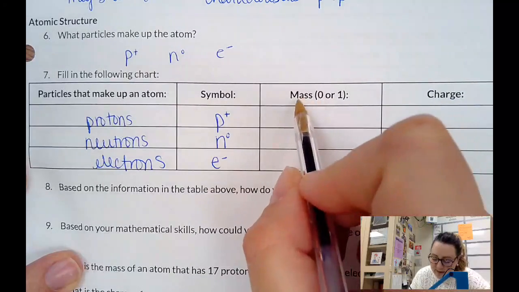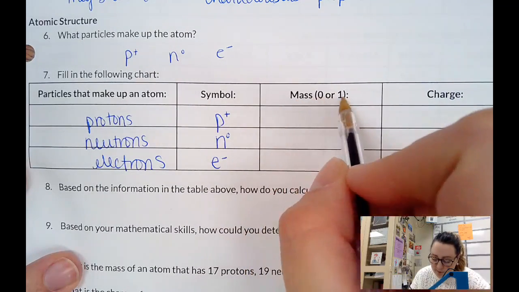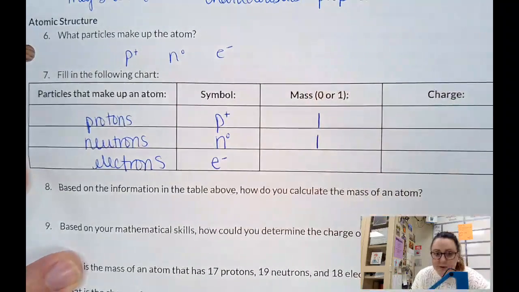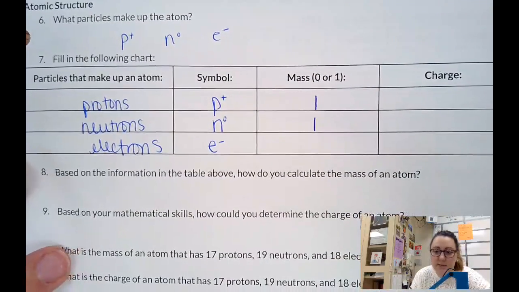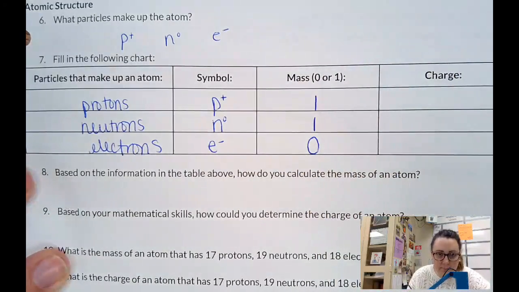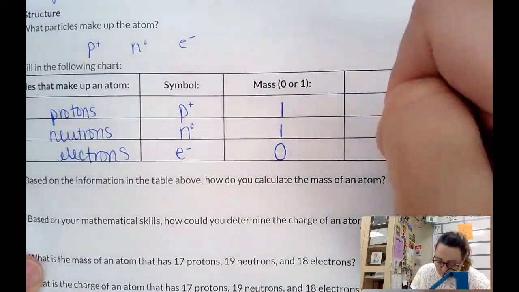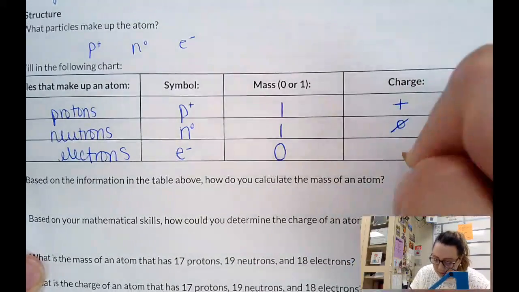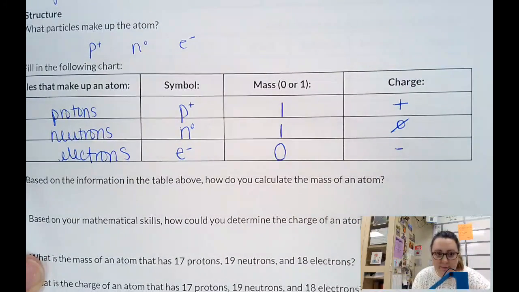If we say the mass, does it have mass or not? Protons for sure. Neutrons for sure. Electrons, yes, they have a teeny bit of mass, but it's so teeny, we kind of ignore it. The charge of a proton is positive. Neutrons do not have a charge, and electrons are negative.